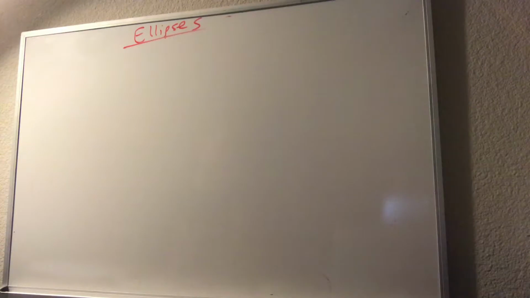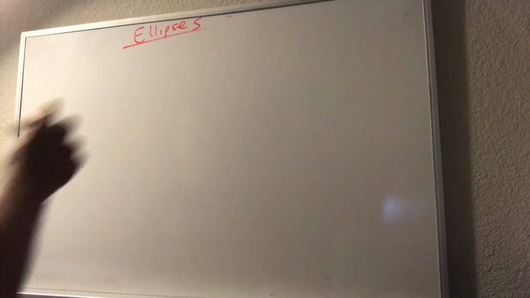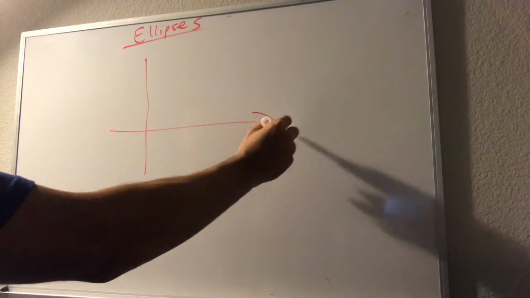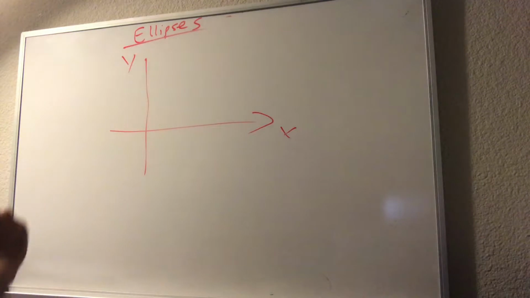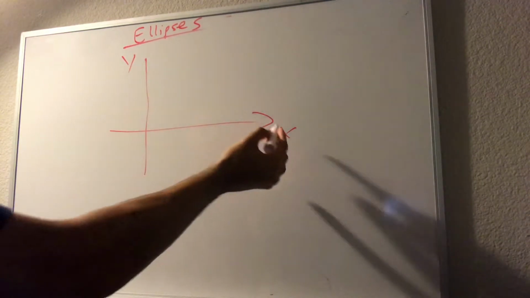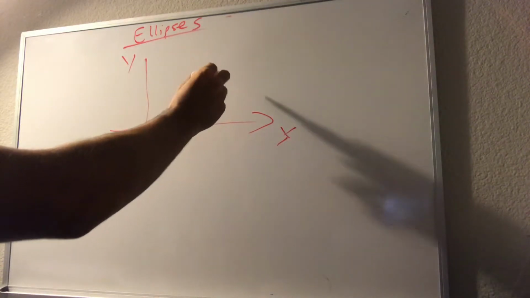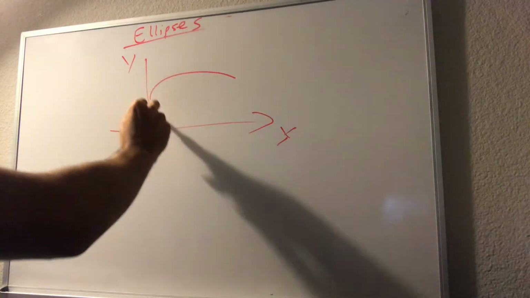To give a depiction of exactly what an ellipse looks like, I'll draw the x-axis here and the y-axis here. A sketch of an ellipse will be something like that.